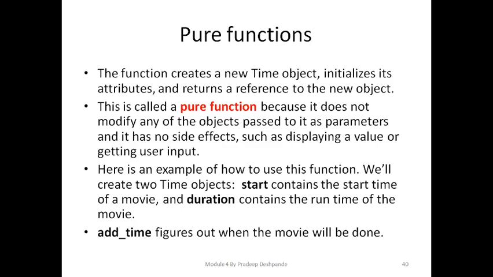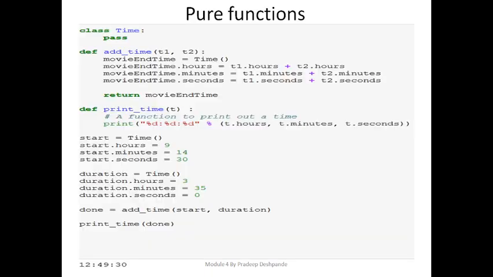I will create two time objects. start contains the start time of a movie, and duration contains the run time of the movie. add_time figures out when the movie will be done. This is the complete program for that. add_time is added here, the same one, and print_time will print that particular time.